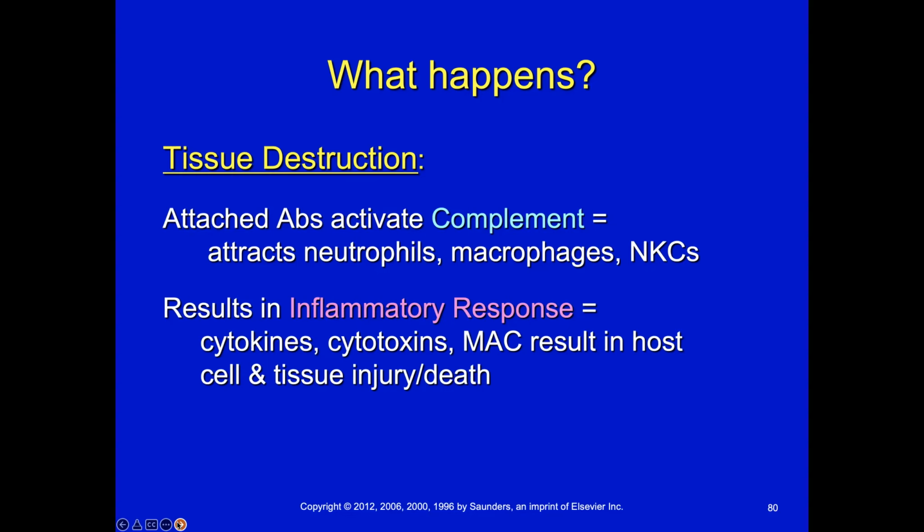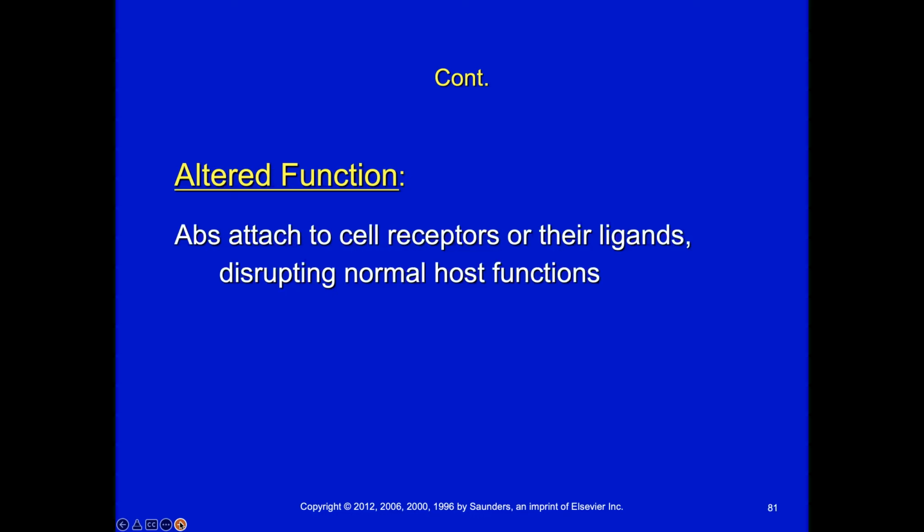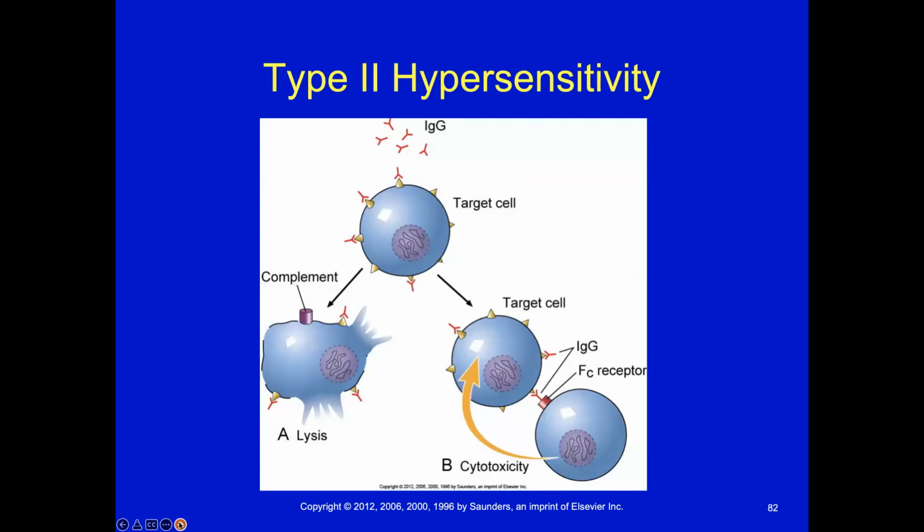That inflammatory response is the release of a variety of substances that can cause that tissue damage and death. The other possibility is that you have altered function, and in this situation, the antibodies attach to the cell receptors or their ligands, and therefore they will disrupt normal host functioning of these cells and glands, tissues.